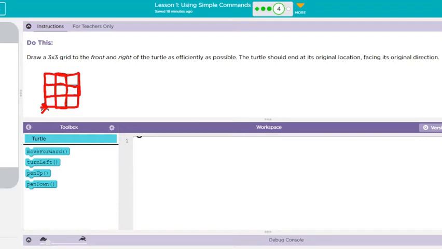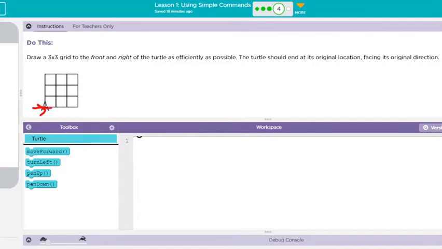That's my goal. I'm going to rewrite that for you. So I'm going to first start by turning my turtle to the right. And in order to get it to the right, I'm going to have to make 3 lefts. So we're going to go like that.